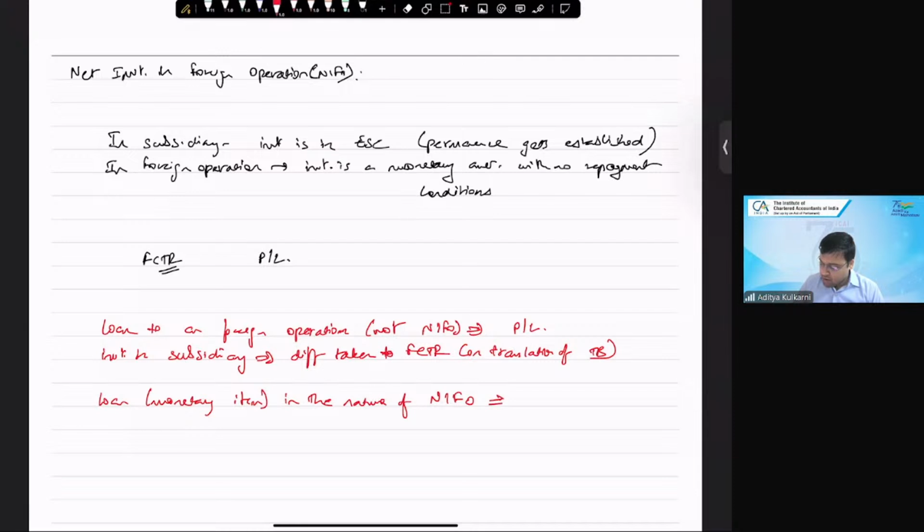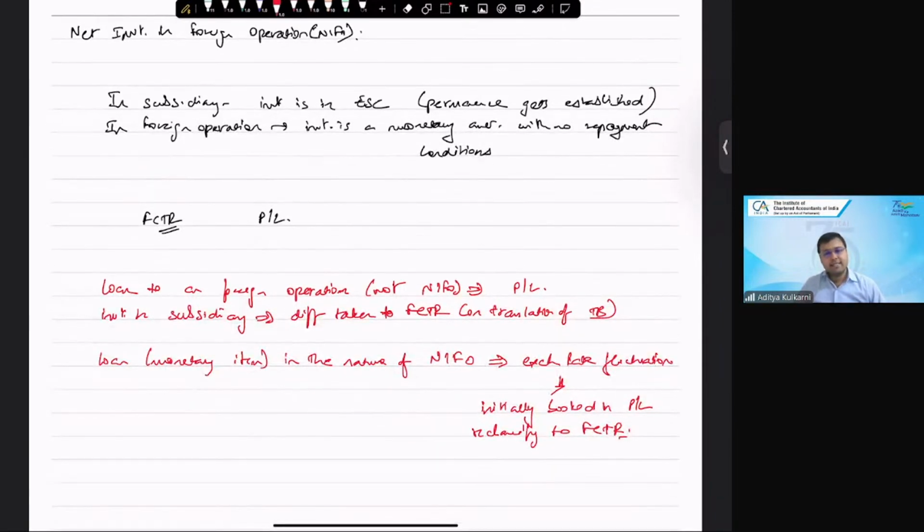What are you going to do? Exchange rate fluctuations initially booked in P&L, reclassified to FCTR. That's about it.